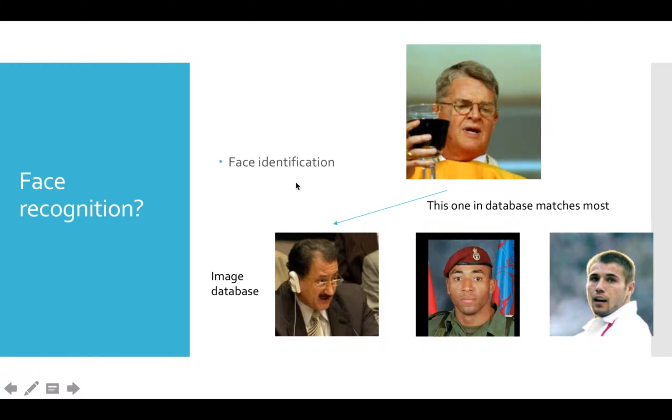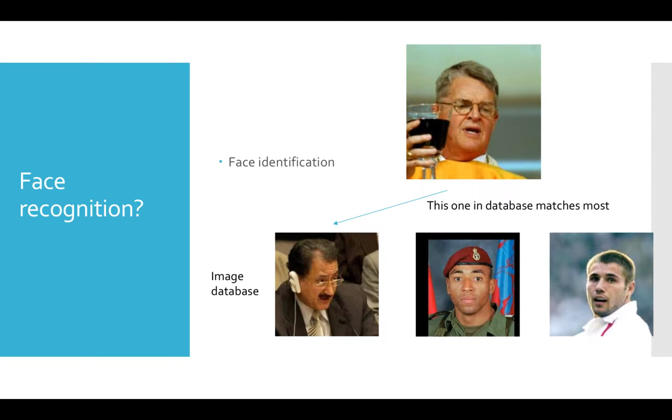This is the task of trying to find the person in the database who has the highest similarity to the picture under test. In this example, this one has the highest similarity with the person under test, even though they are not the same person, which means this can be realized without face recognition.